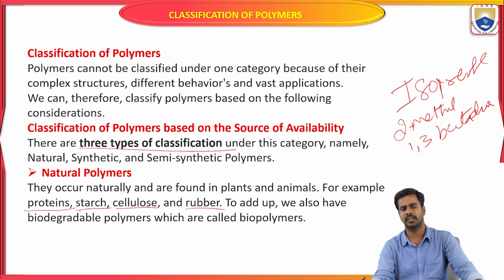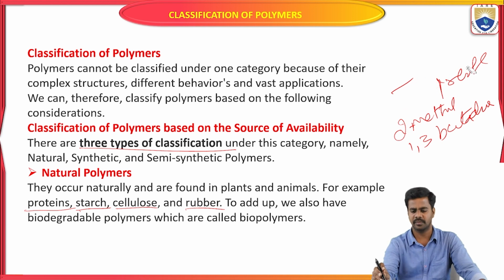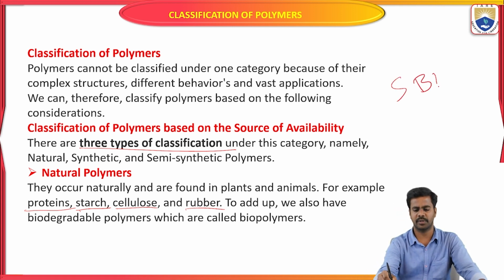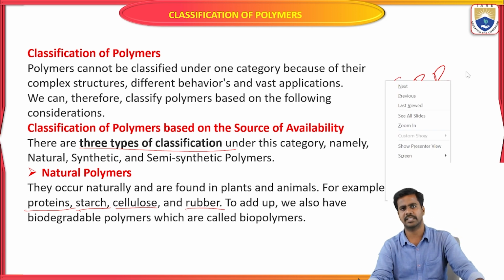Whereas rubber also can be obtained by synthetic polymerization reactions. For example, if you take SBR, styrene butadiene rubber, it is formed by the synthetic polymerization of styrene and 1,3 butadiene. Styrene butadiene rubber, SBR, is a synthetic rubber.